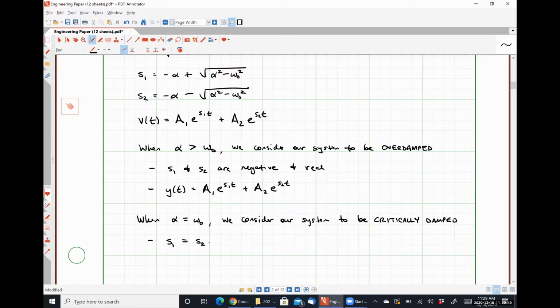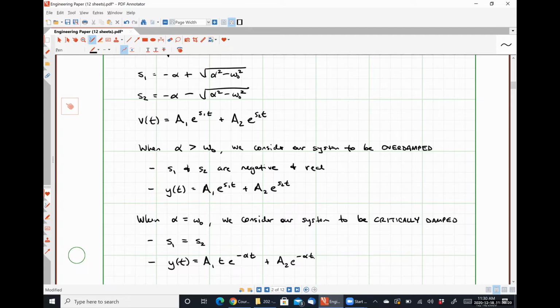So we have to slightly change our response. In this particular case, y of t will be equal to A1 multiplied by t e to the minus alpha t plus A2 e to the minus alpha t.